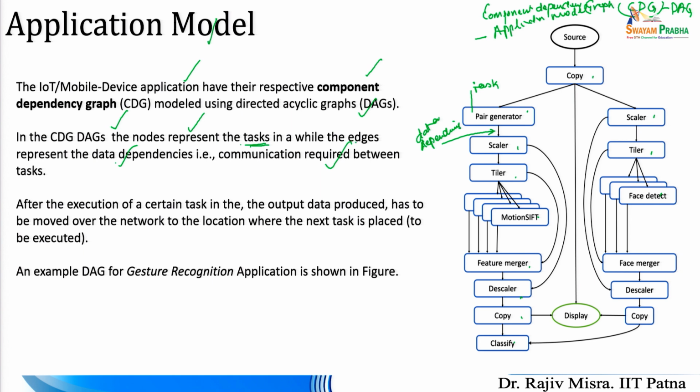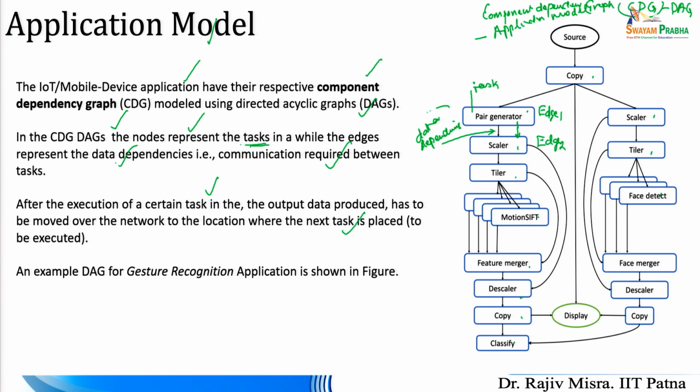So, after the execution of a certain task, the output will be produced and has to be moved through the network to the location where the next task is placed. For example, if it is placed on edge node 1 and if this is placed on edge node 2, then after the completion of this particular task, the output will be communicated to the next task, which will become the input, and only then can it start the execution.